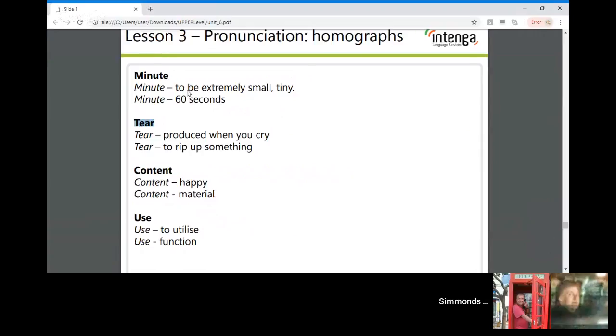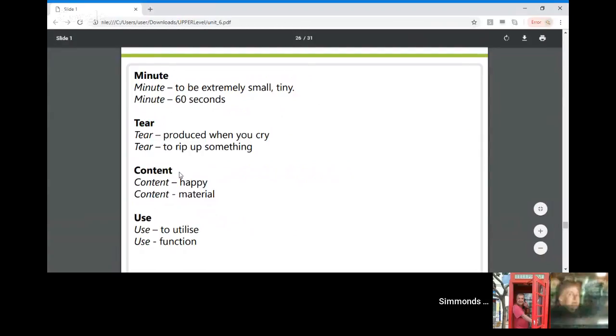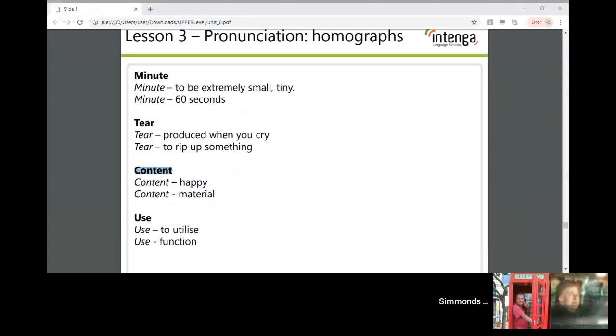Okay. Well, very good. What about this word? I think it's Ken's turn. How do you say that word? One pronunciation is content. Another one, I don't know, content. I don't know the different pronunciation for these words.